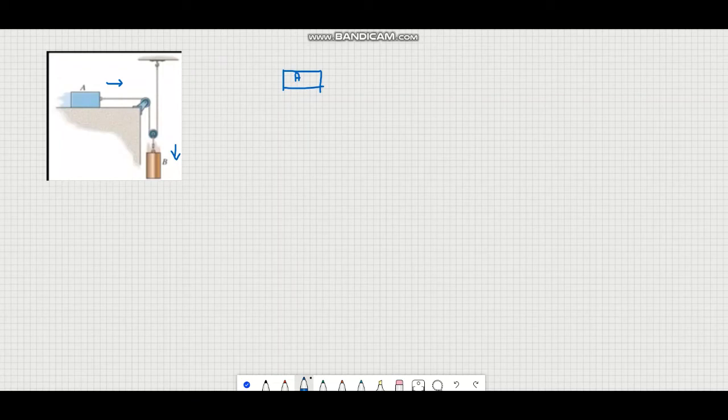We know that there's a tension pulling block A to the right side, and we can say the tension of this rope is T. Due to mg, which is the weight of this block, the mass is m and the weight is m multiplied by the gravitational acceleration. So the normal force is the reverse of mg.